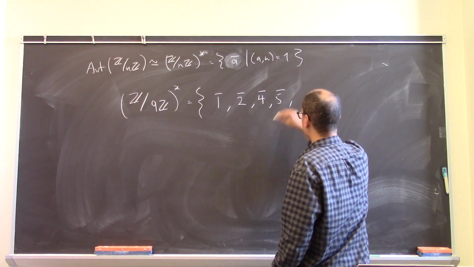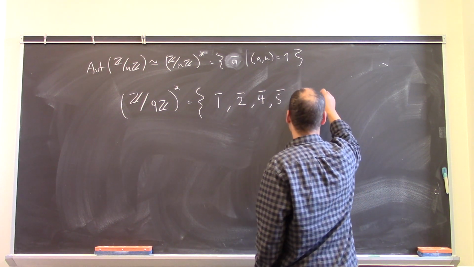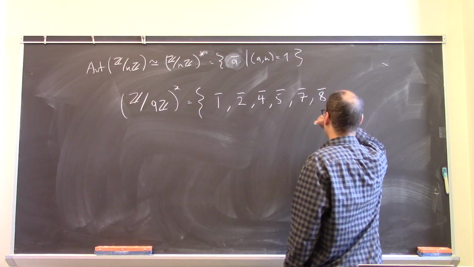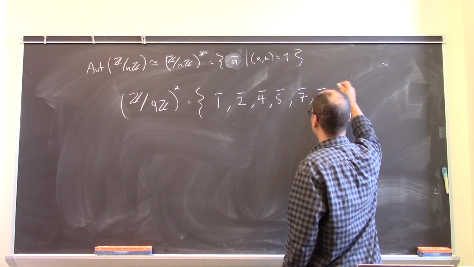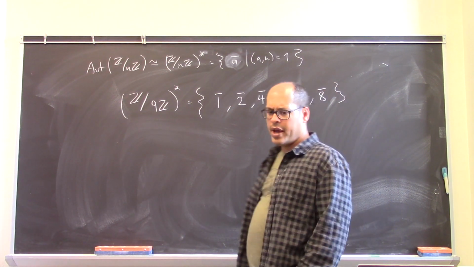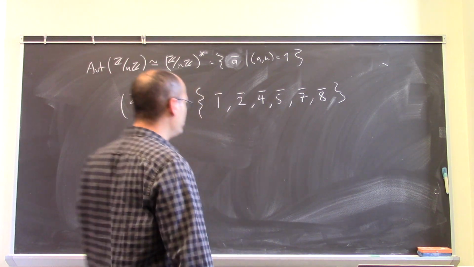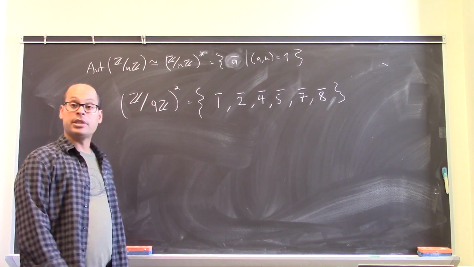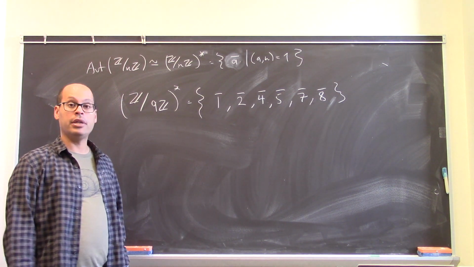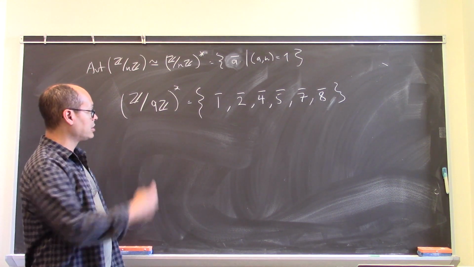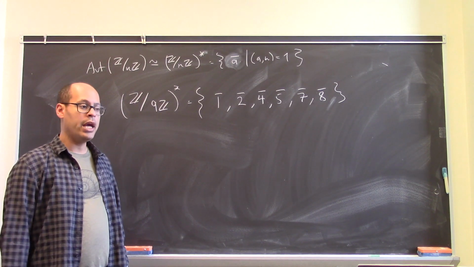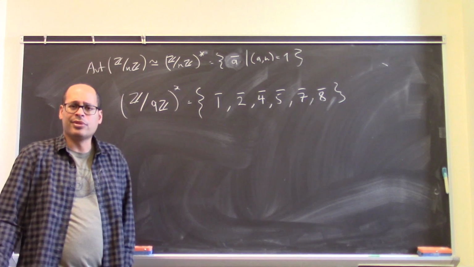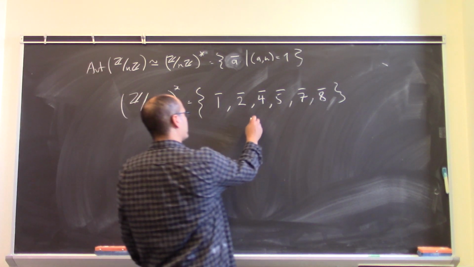Just listing the numbers relatively prime to 9, which are the ones that are not a multiple of 3. That's all of them. And okay, what's the structure of this group? Well, it's a group of 6 elements. It's an abelian group because multiplication is abelian. And well, there's only one such group. It's the cyclic group of order 6.